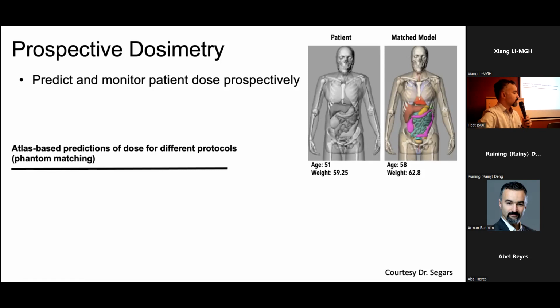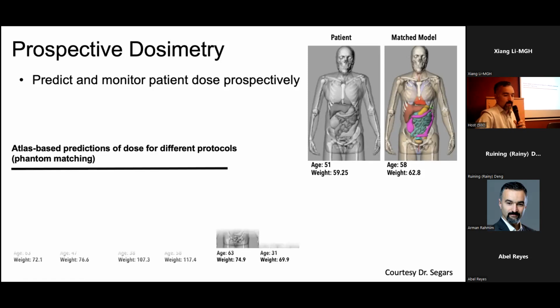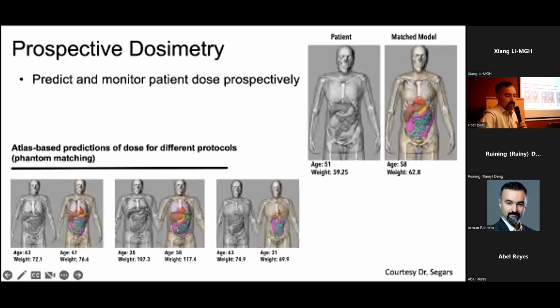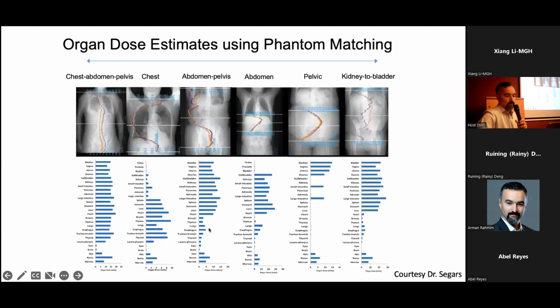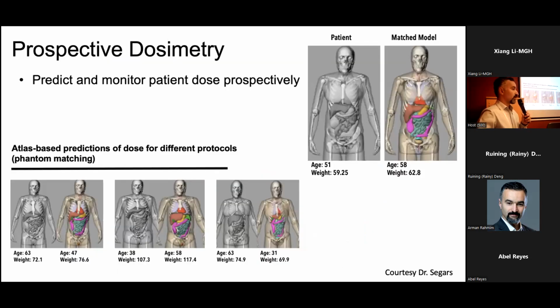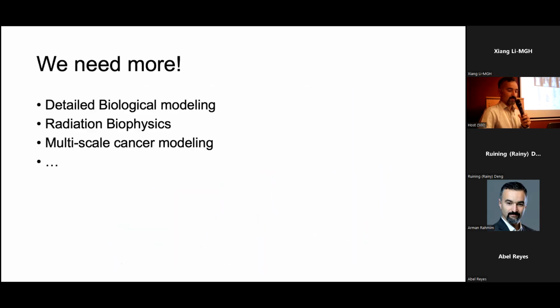But again, here are other examples of matching that can be done and profiling. In a sense, this is easy relative to what we want to do, because we're talking about just looking at the anatomy of patients, and these models have nothing to do with the physiology of the patient, their biology, and the details of, for example, let's say cancer.